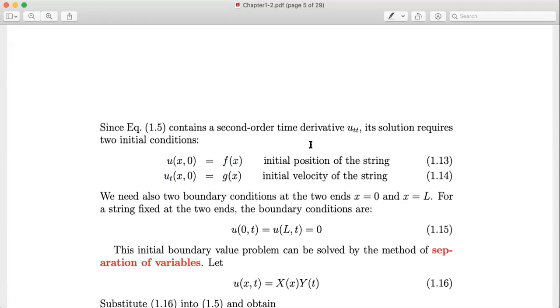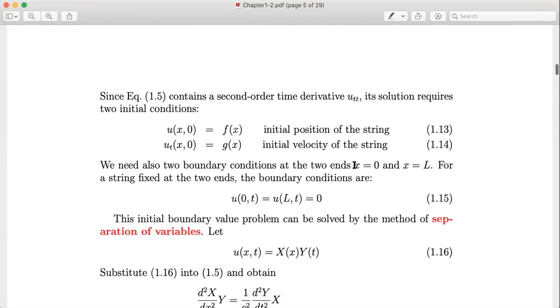And for the case of the string with a finite length, we also have two boundaries, the two endpoints at x equals 0 and x equals L. So now we just consider one common boundary condition, which is fixing the two endpoints, meaning that the string cannot move at those endpoints.